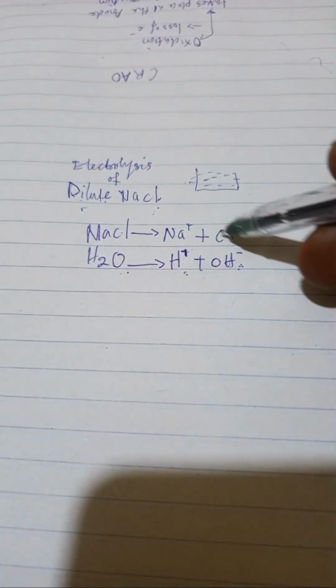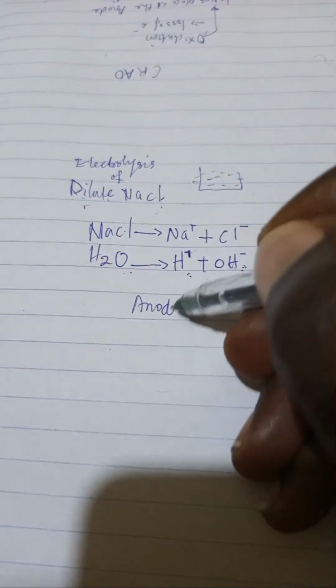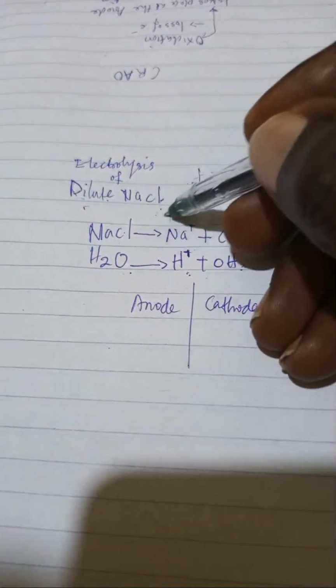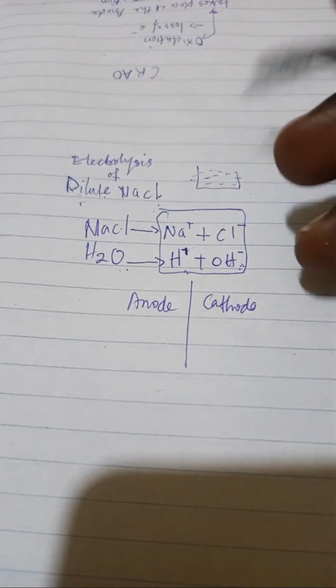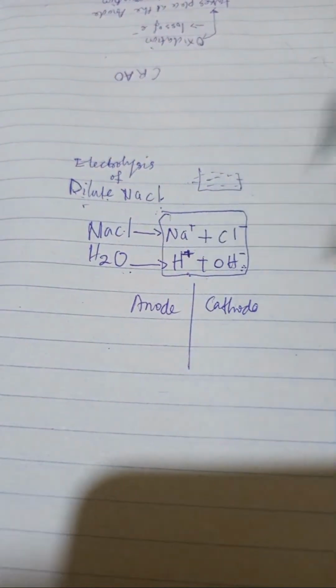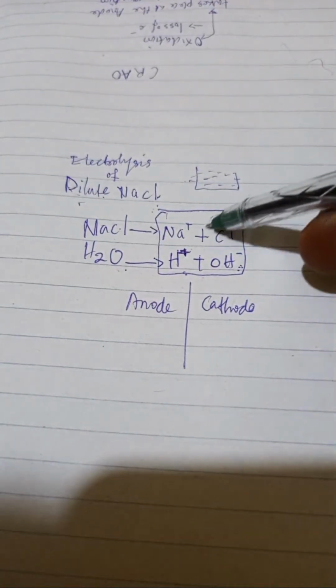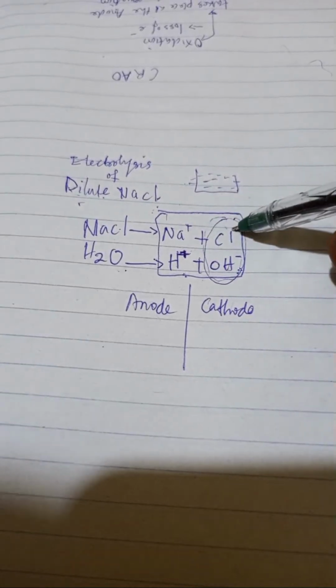So now you have the anode and the cathode. Which ones will go to the cathode, and which ones will go to the anode? These four ions are swimming, dancing inside the solution. Immediately current starts flowing, they will move to a particular part. Now, where will they move to? Cl- and OH- are negative, so they go to the positive part.